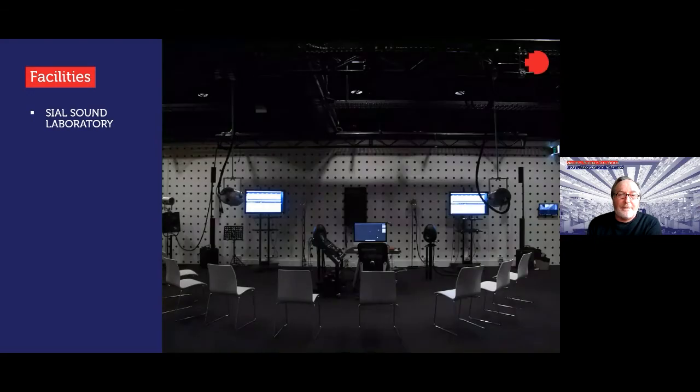Next slide. The SIAL Sound Lab has the speaker orchestra in it, mixing desks, an anechoic mixing room, and a whole bunch of different facilities, microphones, speakers, all sorts of things in which immersive experience can be prototyped and modelled.